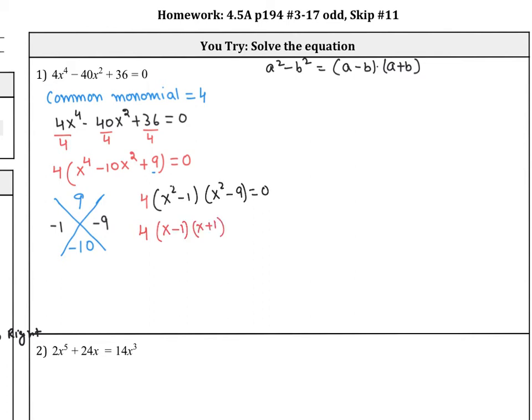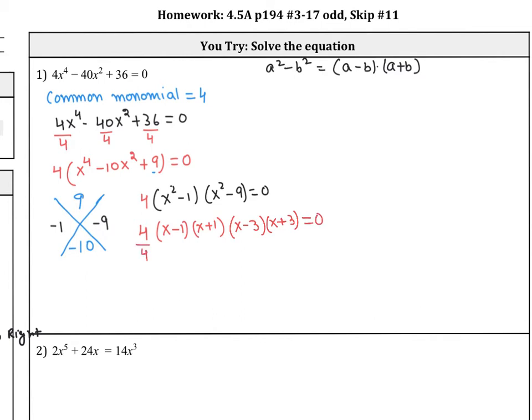For the second factor, you can think of it as x^2 minus 3^2, which would be x minus 3 times x plus 3. So this is going to be x minus 3 times x plus 3 equals 0.